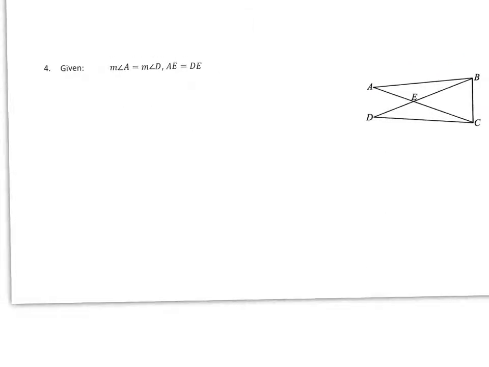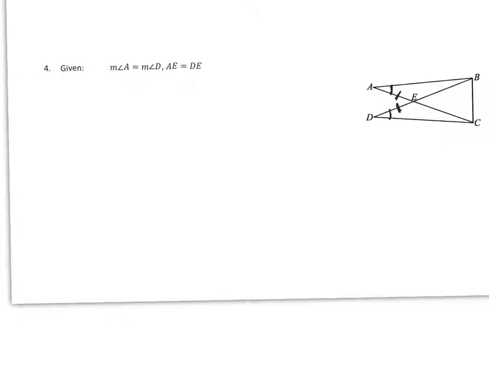Alright, number 4 says given the measure of angle A is equal to measure of angle D, and then side AE is equal to side DE. So let's mark those on our picture. We have A is equal to D, and that is this angle right here, and this angle. Then I have side AE is equal to DE. So AE is this side, and DE is this side.